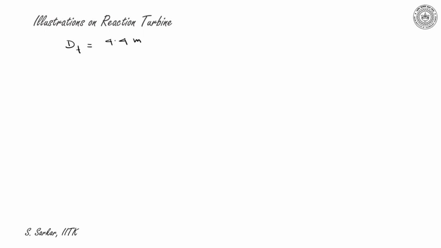Hence, one can evaluate um, that is blade speed at the mean diameter, is equal to pi into dm n divided by 60. Let me put all the values.